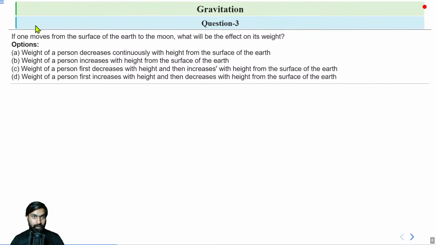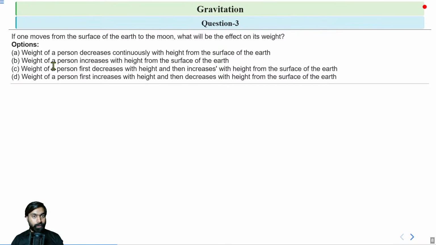Now, the third one. If one moves from the surface of the earth to the moon, what will be the effect on its weight? The options are: A, weight of a person decreases continuously with height from the surface of the earth.